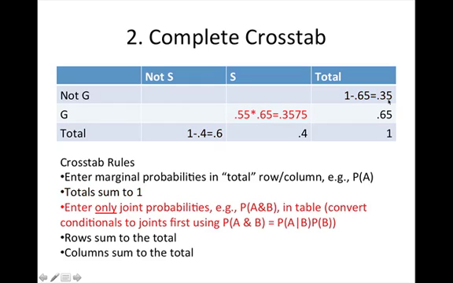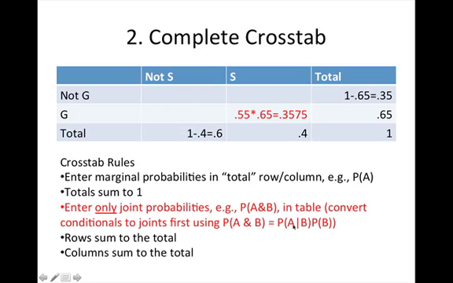The next step is to enter only joint probabilities into the table. But we have a problem because we were not given a joint probability. We were given a conditional probability. So what we have to do is convert that conditional probability into a joint probability using this formula.